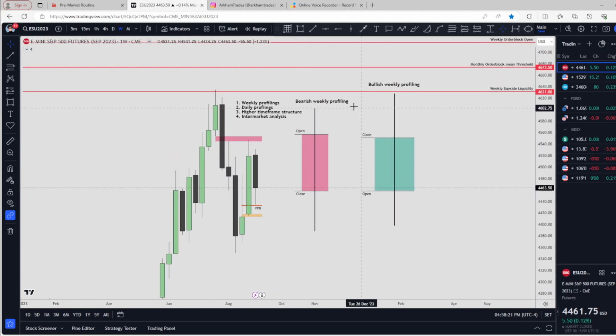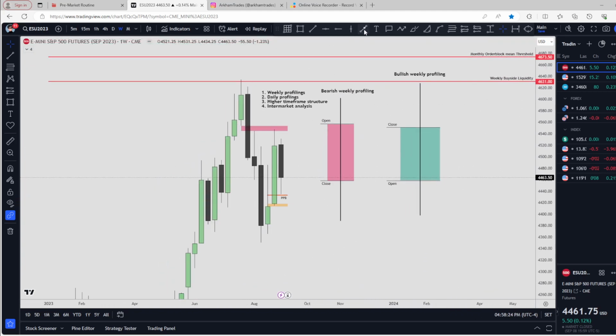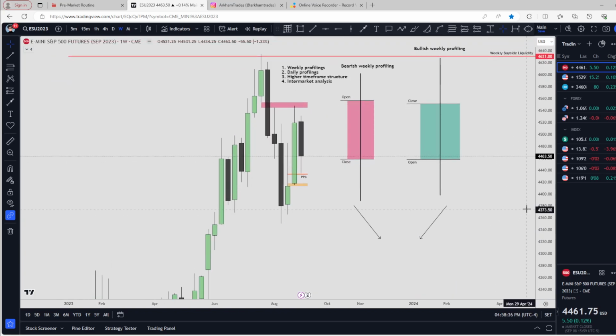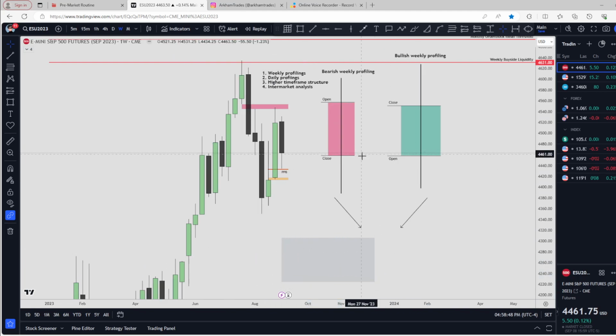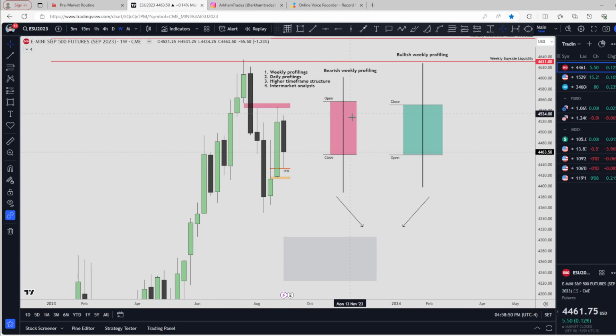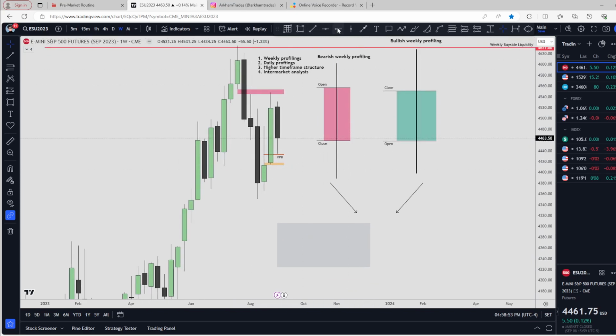So inside of these two subsections, you have the daily profilings, or actually a continuation of the weekly profilings, but in a daily format, which I'll explain here. So this is your bearish week. Remember how it opened up, went higher, went lower, then came back? Let's draw that out here.